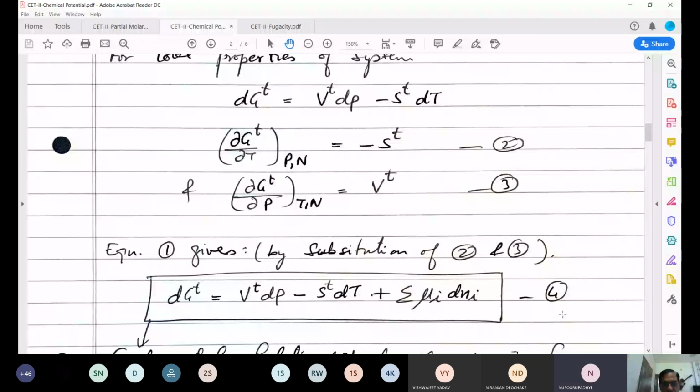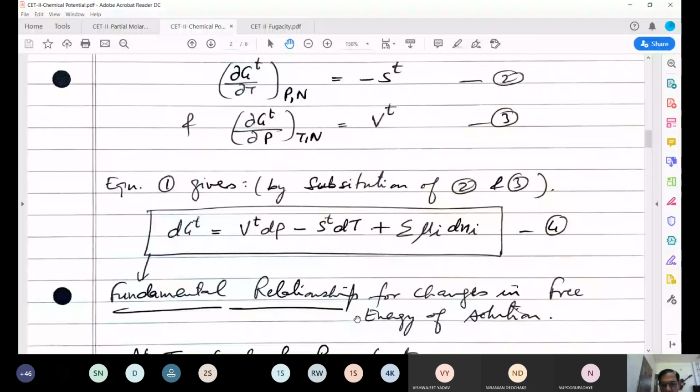Okay. So in that case, we have this equation, and it is called the fundamental relationship for changes in free energy of solution. We have seen fundamental relations before also, right? That was for closed systems. Now this involves chemical equilibrium, fluid phase equilibrium. What we had derived before was dG equal to V dP minus S dT for a closed system.